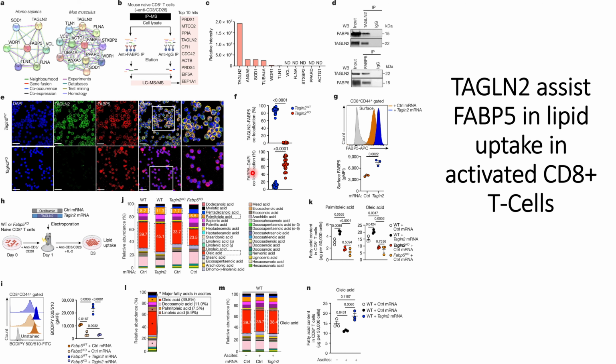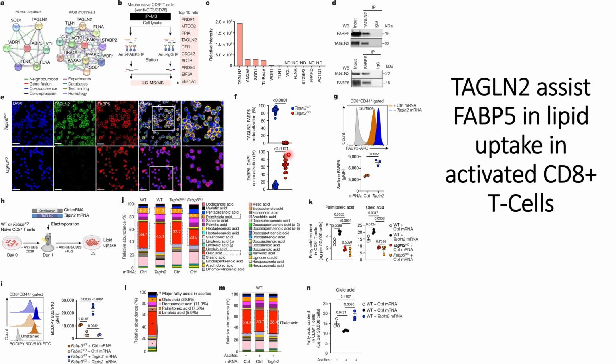When they check FABP5 and DAPI overlap, the overlap is higher in the knockout, indicating that most of the FABP5 proteins in the TAGLN2 knockout cells remain in the nucleus, whereas this is not the case for the wild type cells.